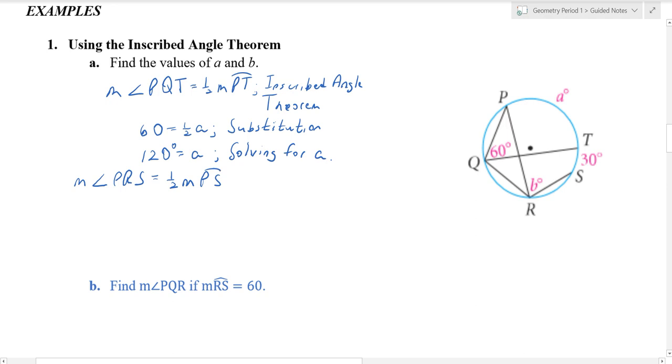So the measure of PRS equals 1/2 PS, PS right over here. We can say that is true because of the inscribed angle theorem.